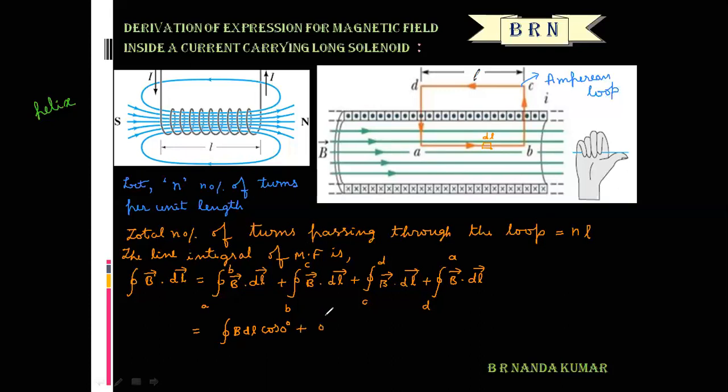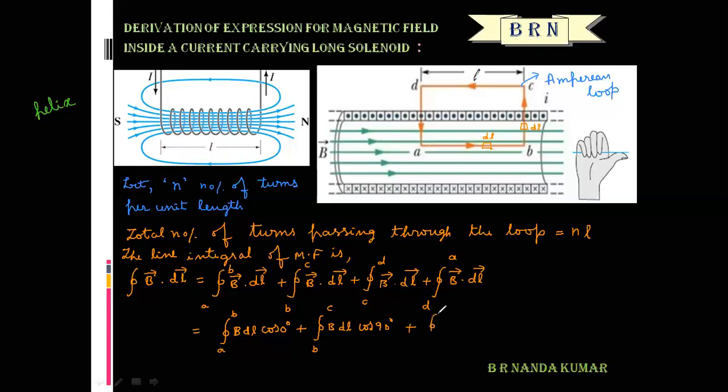Plus integration of, now we can choose a small element on BC, having the length dl. So here dl vector is vertically upwards. So dl vector is perpendicular to B vector. So what is the angle in between B vector and dl vector? This is B to C: B dl cos 90.